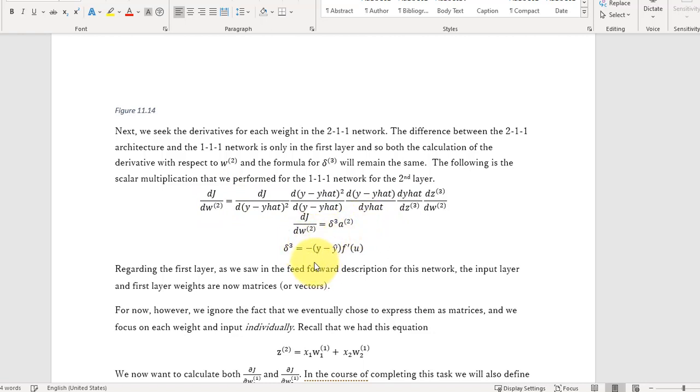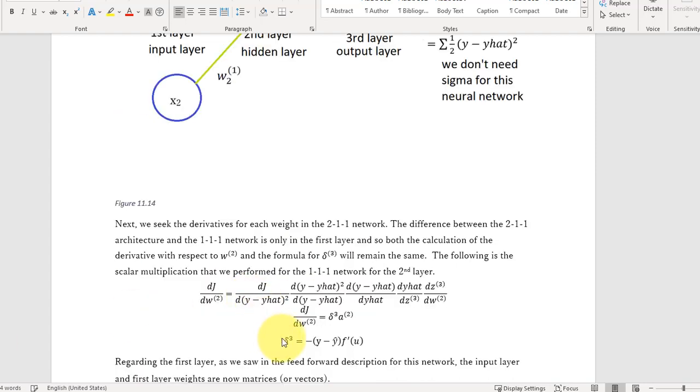And so this is delta 3. It's going to be minus the quantity y minus y hat, f prime of u, that's the delta 3, then times a2.